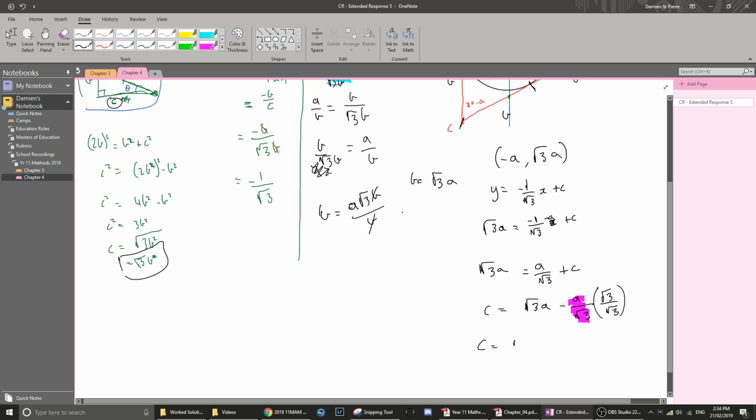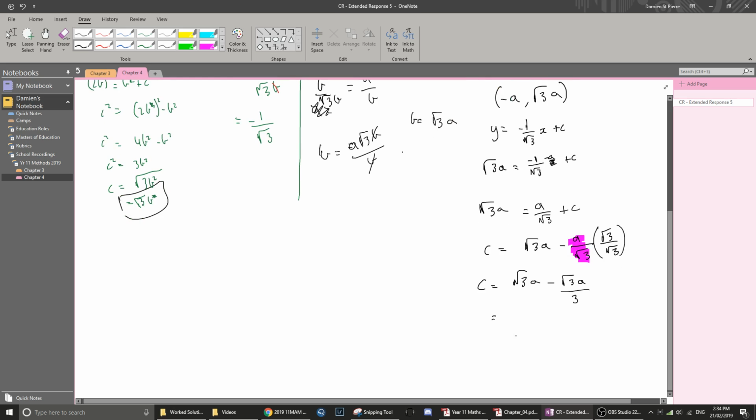So I'm going to get C equals root 3A minus root 3A on, and so root 3 times root 3 on the bottom is just going to give me 3. So really, to see it fractionally, we have root 3A minus 1/3 root 3A, so that gives us 2/3 root 3A. So that's my C value.